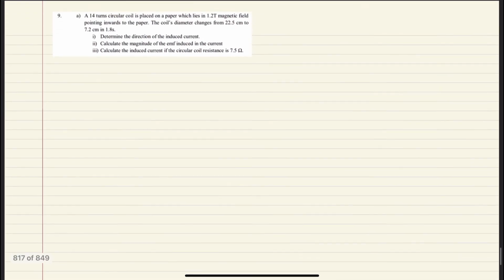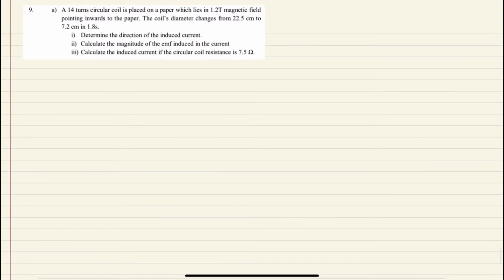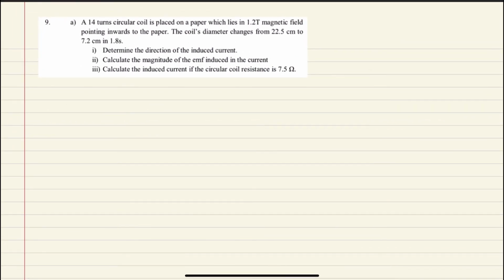For question 9, it says that a 14-turn circular coil is placed on a paper which lies in a 1.2 Tesla magnetic field pointing inwards to the paper. The coil diameter changed from 22.5 cm to 7.2 cm in 1.8 seconds.